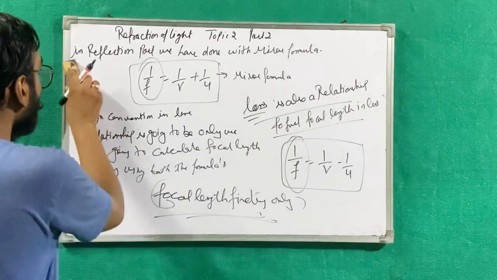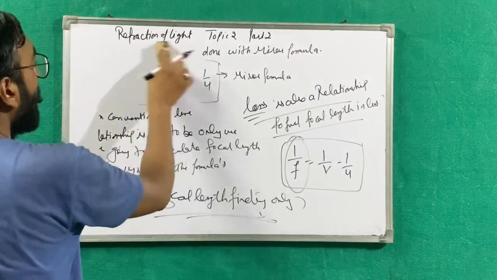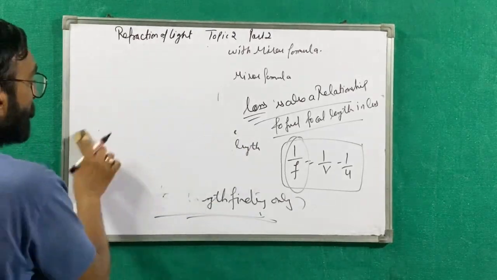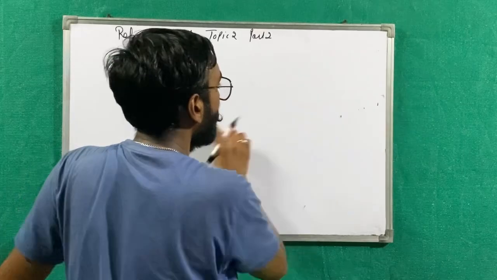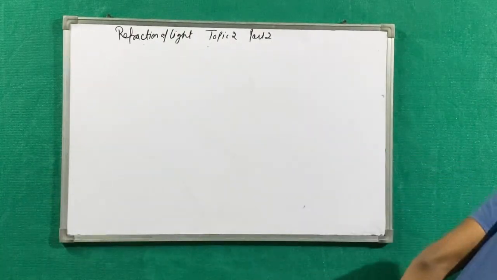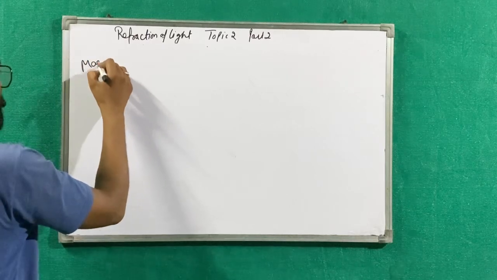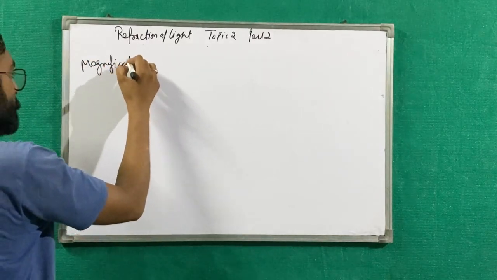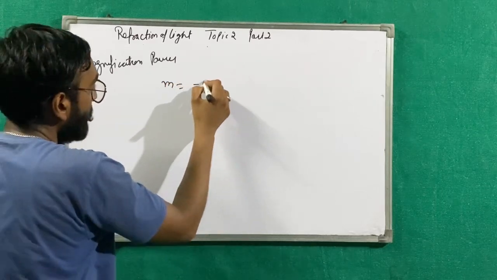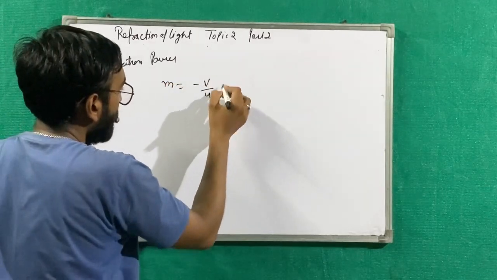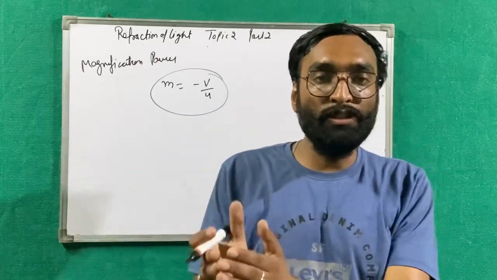So moving toward our next topic, that is going to be magnification and power. Here the magnification is also the same, minus v by u. Magnification m is going to be minus v by u, the size of the image to the size of the object.